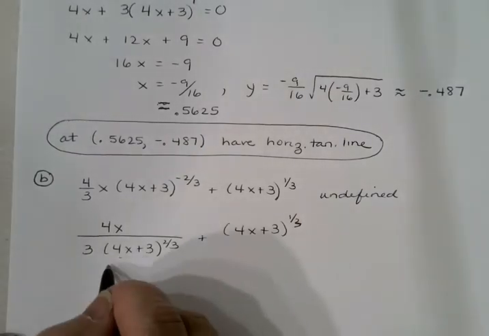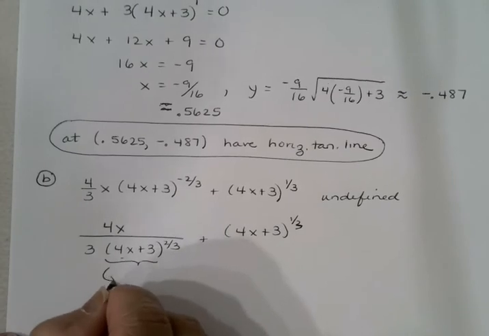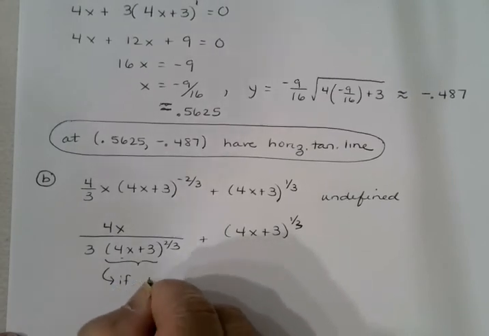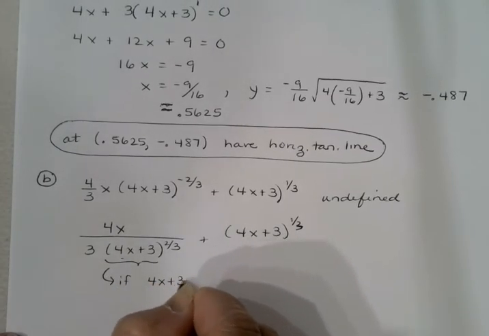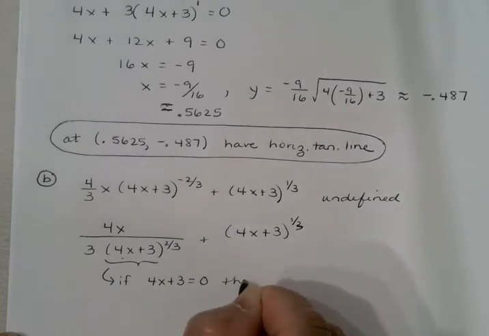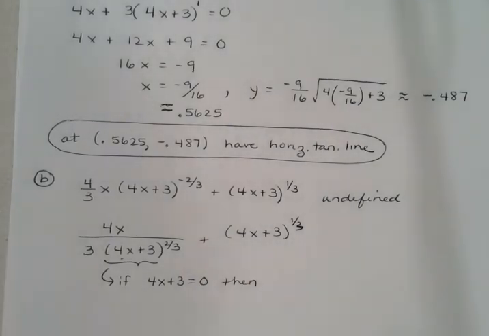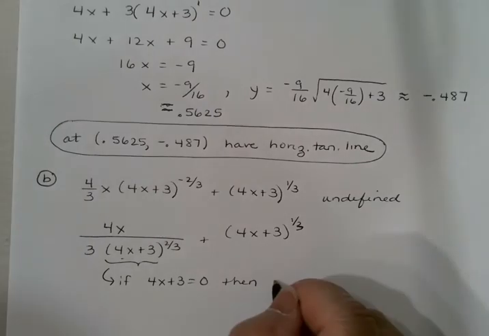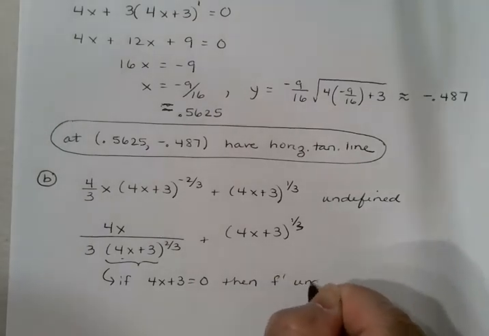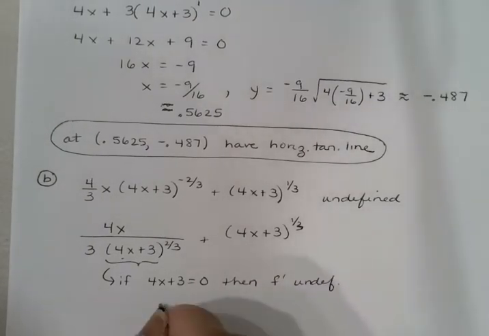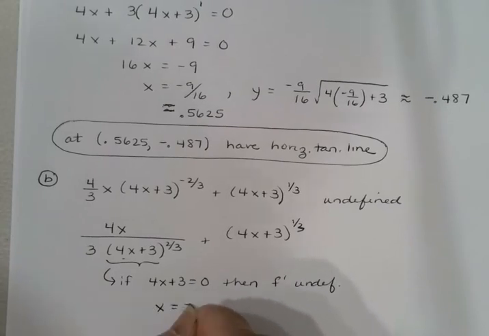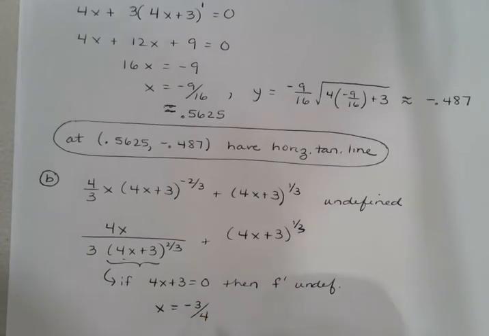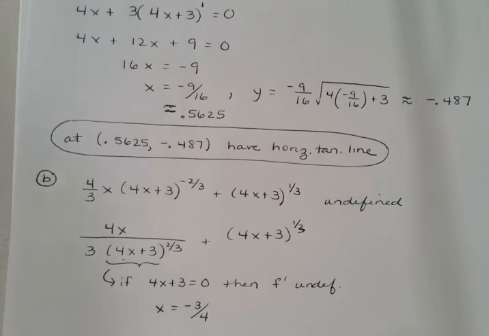If this is 0, then that puts a 0 in the denominator, and f prime will be overall undefined. So that actually gives me an x of negative 3/4. That's causing that undefined derivative, or a vertical tangent line.